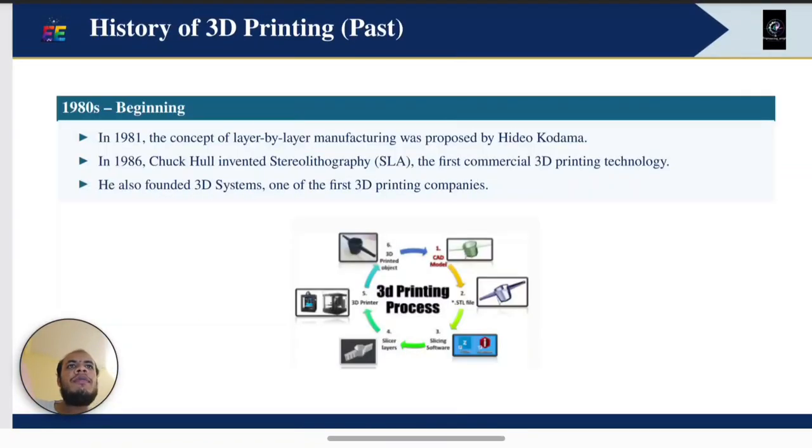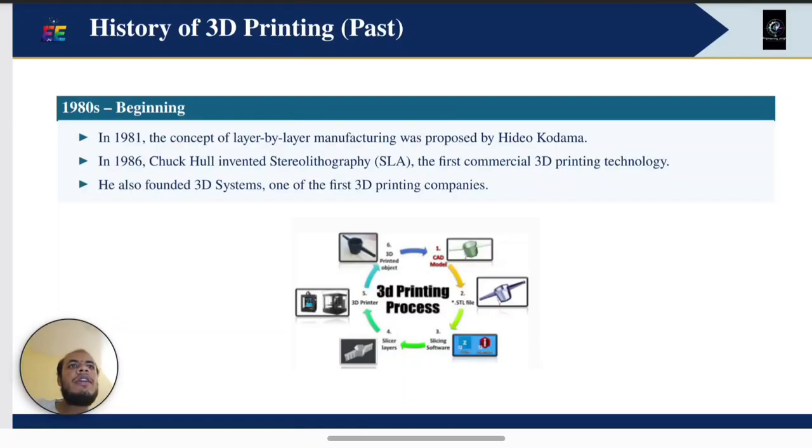Now let us travel back in time. The story of 3D printing began in the early 1980s. In 1981, a Japanese researcher named Hideo Kodama introduced the idea of creating objects layer by layer.